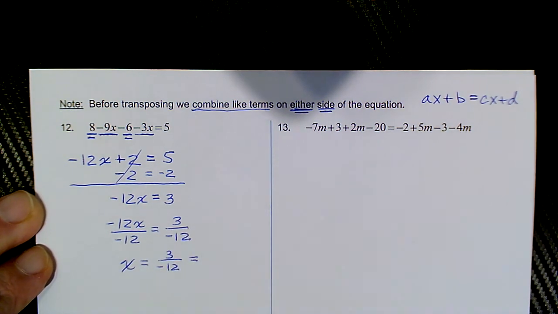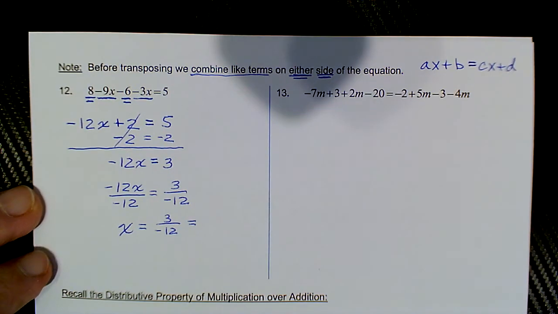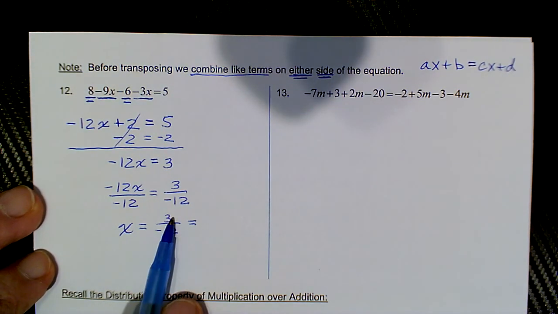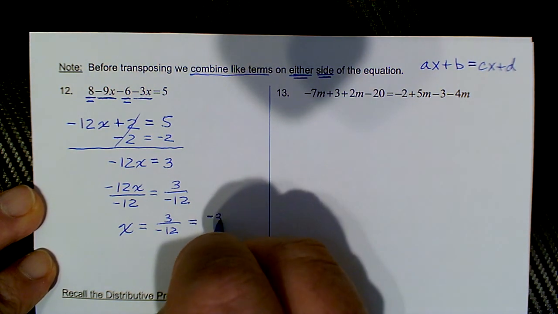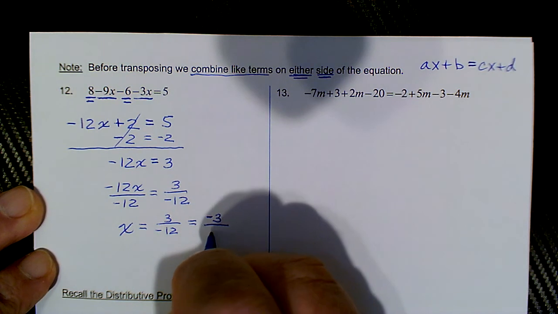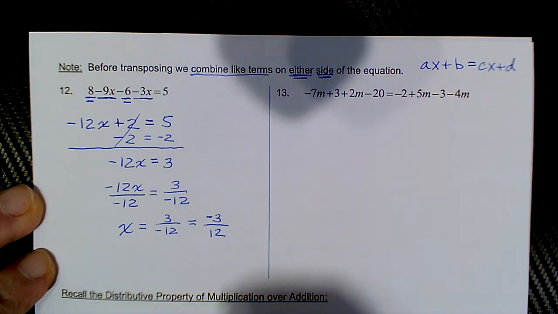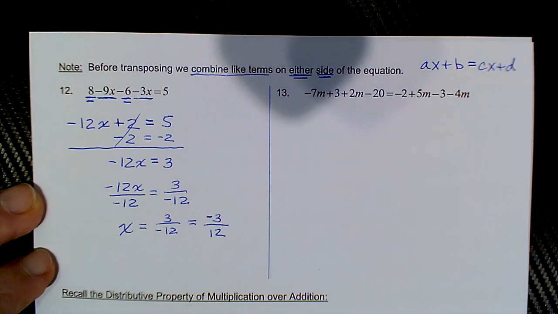Okay, and we get x equals, I'm going to leave it as 3 over negative 12 for now, but first off, when we have a situation where there is a positive number in the numerator and a negative number in the denominator, it's preferred to write it with the negative number in the numerator and the positive number in the denominator. So instead of 3 over negative 12, negative 3 over 12.